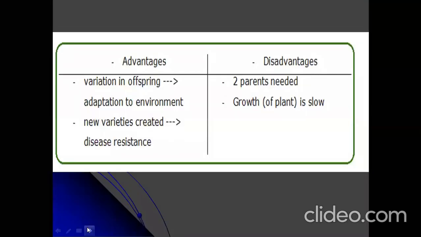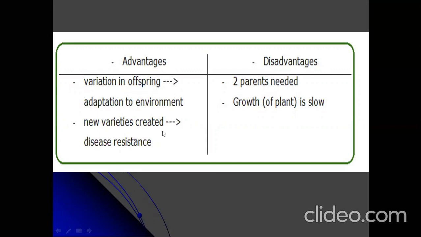All right. Now, the advantage of sexual reproduction is variation in offspring, and that variation may be good. Because of that variation, the offspring may adapt to a new environment, while the parents may not have that quality.